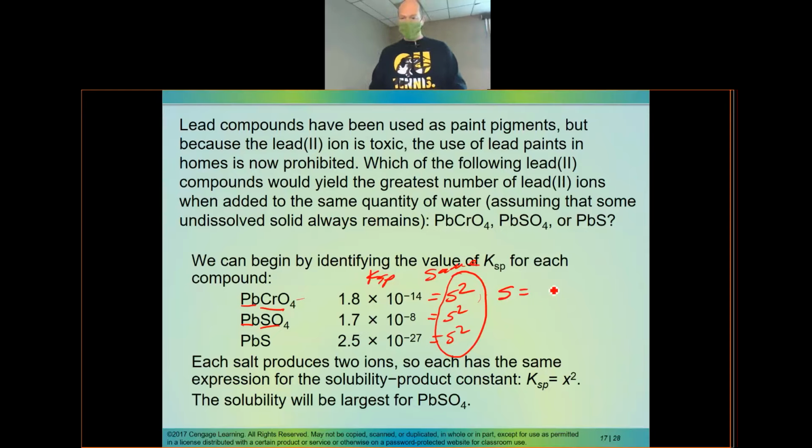And so 1.8, that's 1 point something times 10 to the minus 7, and the square root of this is 1 point something times 10 to the minus 4.